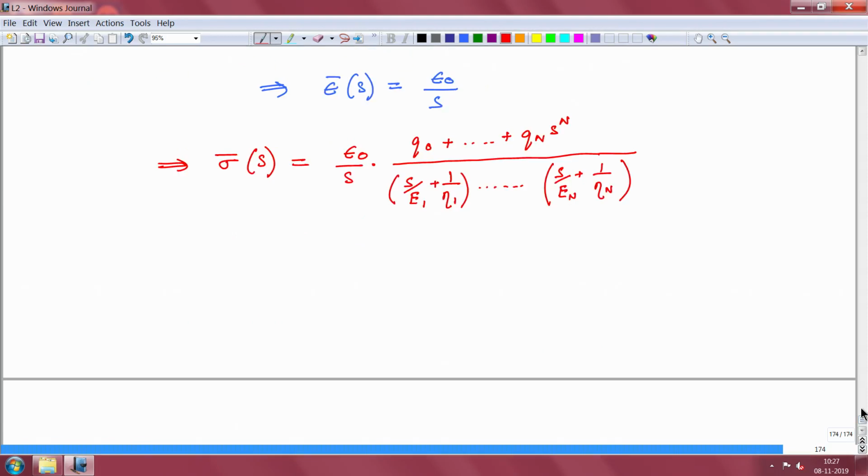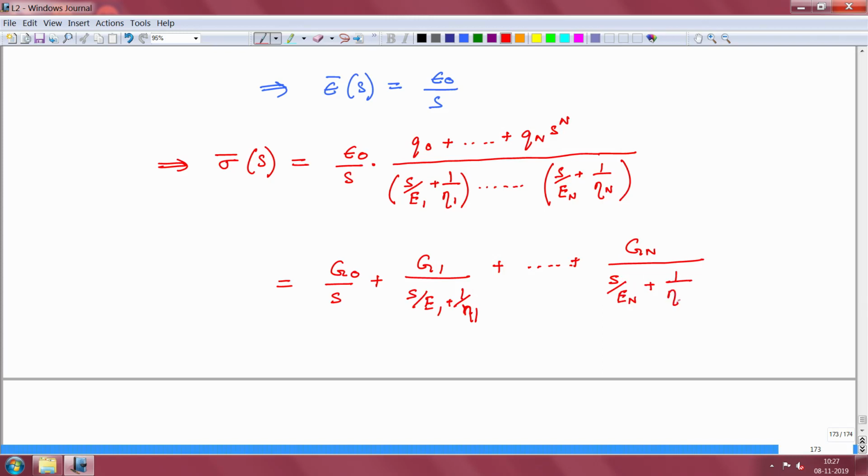You can show that this rational fraction is equivalent to some constants, and now the fractions, you can just take the individual terms here and go on constructing all the terms till g n, and for the g n case you have a denominator that is s plus E n by eta n to the power n.